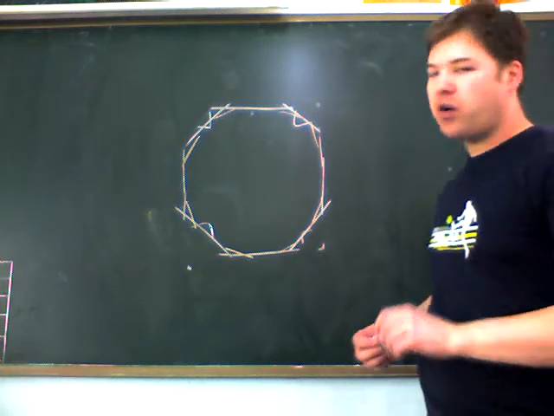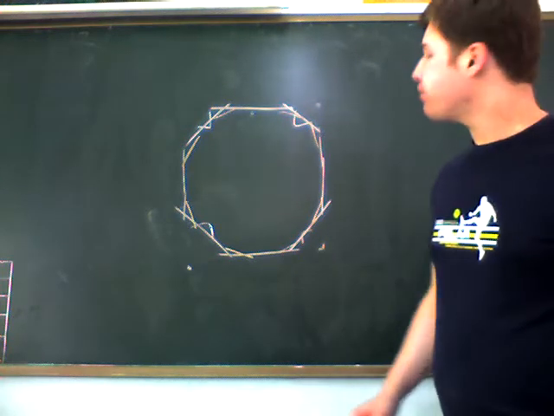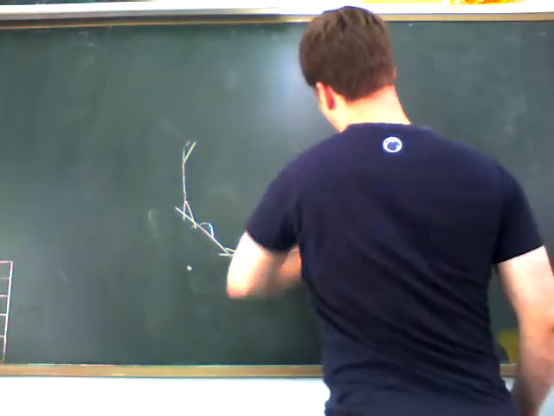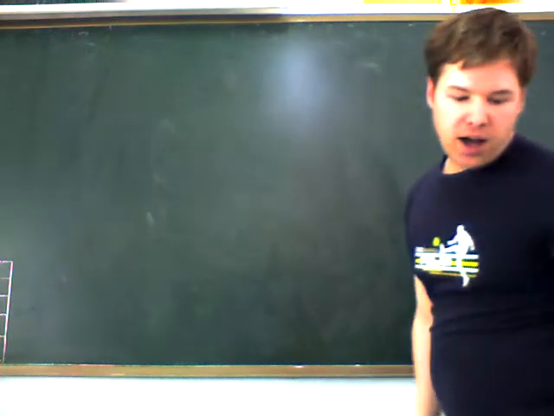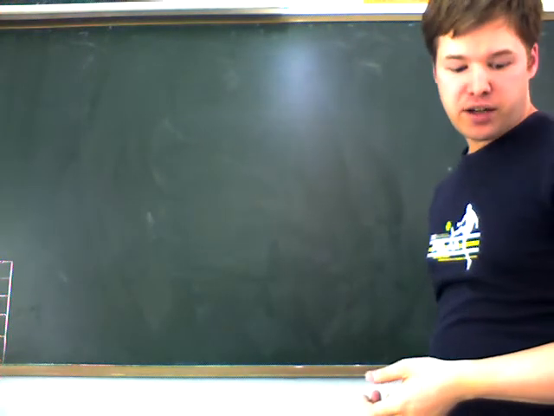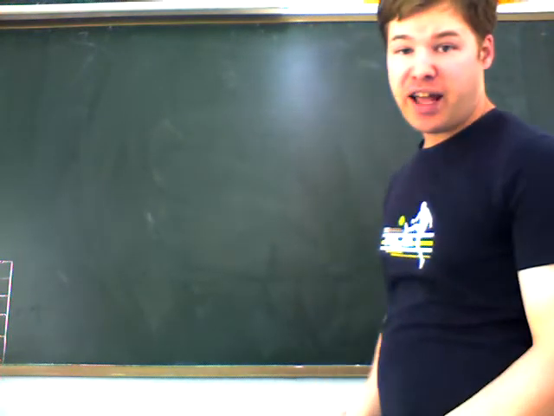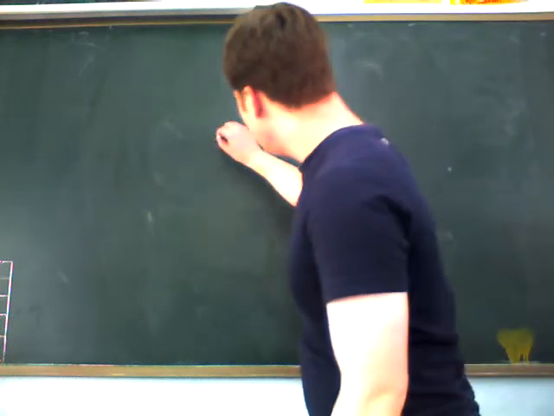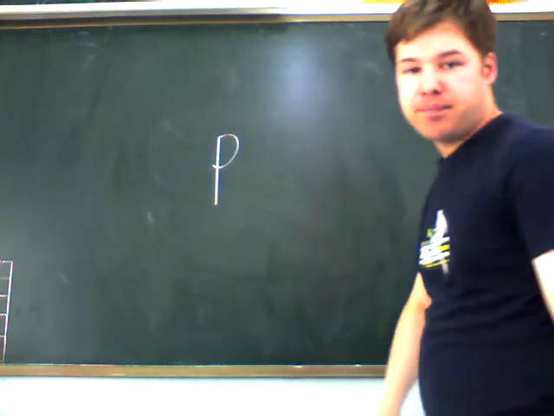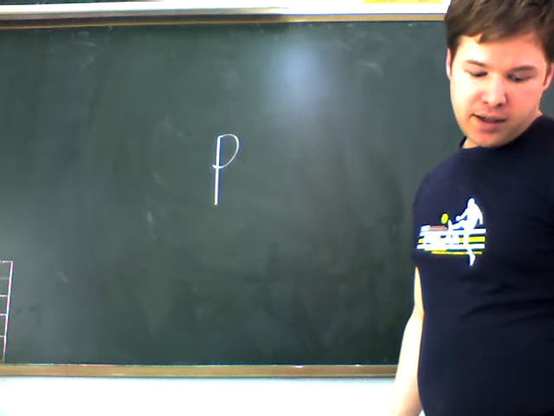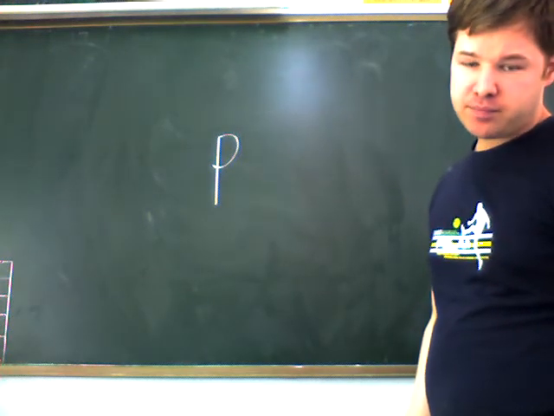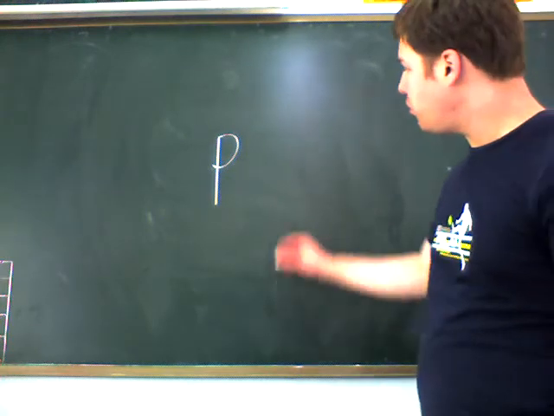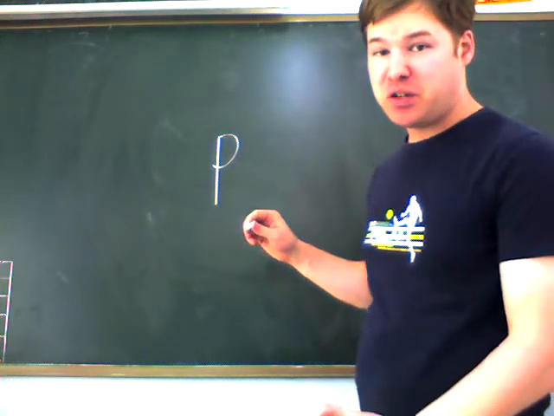So I'm going to erase this so we can write a formula out so you can see it. We're going to call this particular angle that we are calculating P. And actually, we're going to turn this into a function.